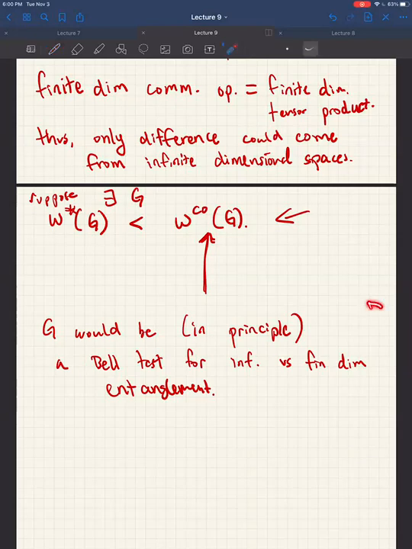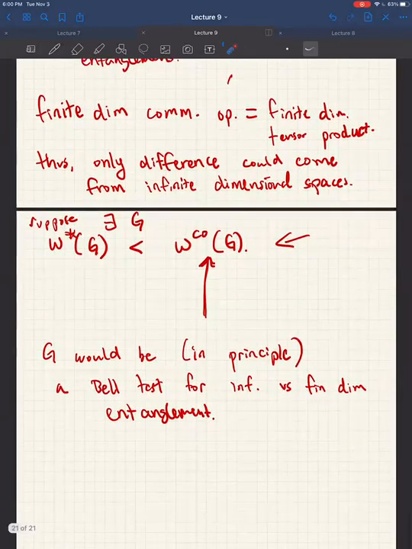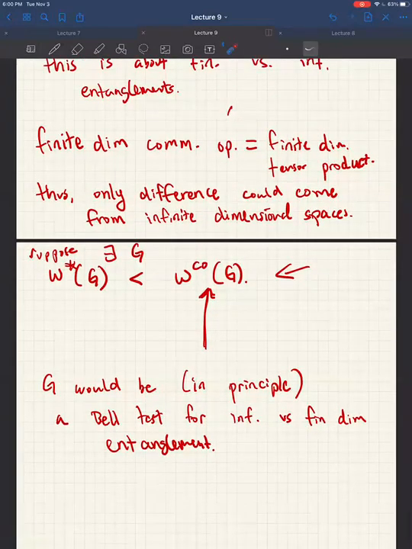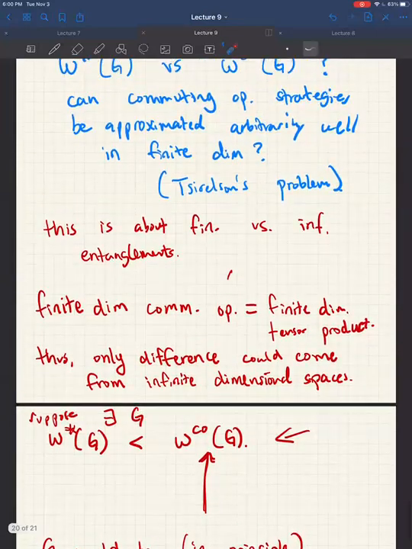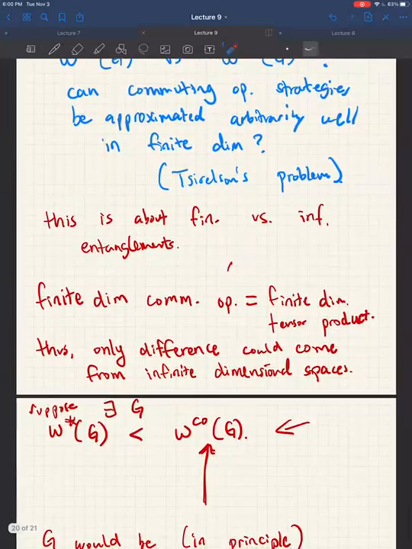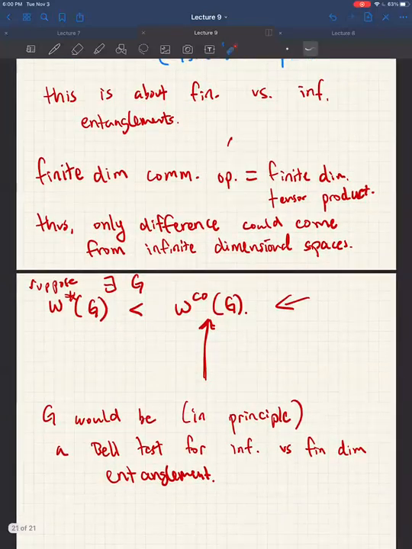With this Bell test for infinite dimensional versus finite dimensional physics, this is certainly something that's very much in principle. There's no prescription for how we could actually run such a Bell test, even if we knew a game existed. So it's mostly of interest to mathematical physicists who want to come up with a well-defined mathematical formulation of quantum field theory and so on. But at least philosophically, it's kind of interesting that one can think of it in this way.